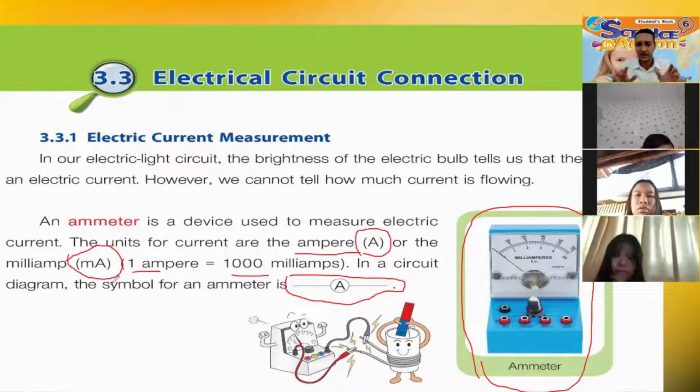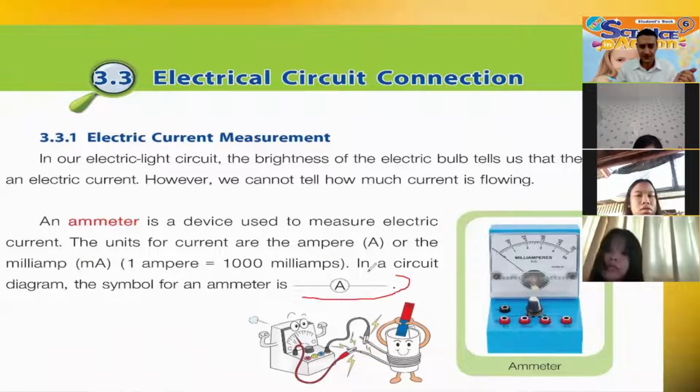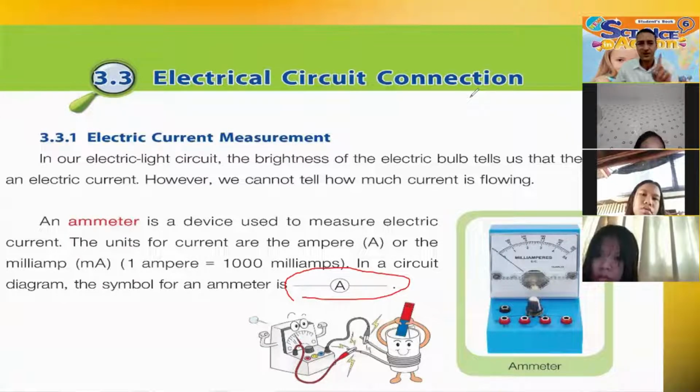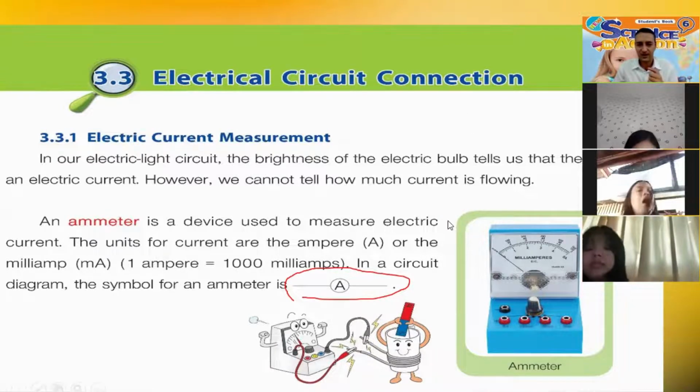In an electric circuit diagram, the symbol of an ammeter is A in a circle. All right, students, you understand that? How we can measure the electric current? With the help of an ammeter, right? And these are the units given to us.